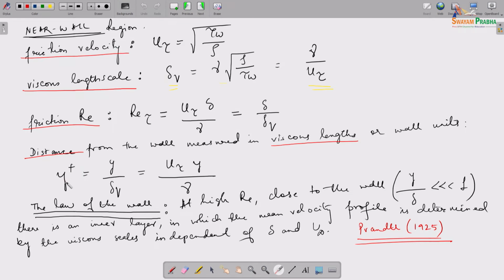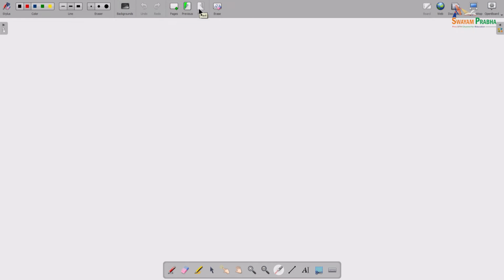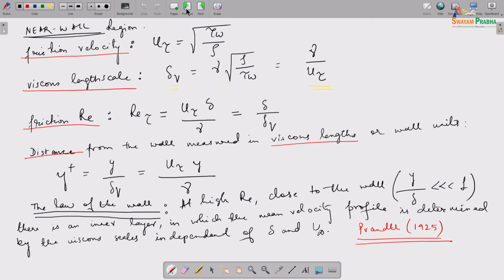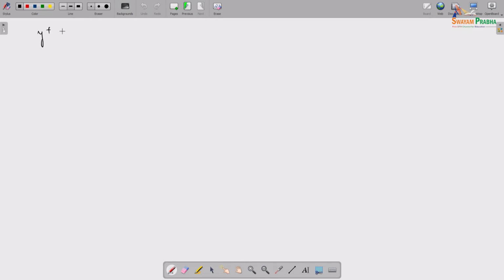Okay. So now let me give you some numbers. This is based on research. Now, if y plus, so again, let me go back. What is y plus? y plus is y by delta V. This is the viscous length scale that we've defined.